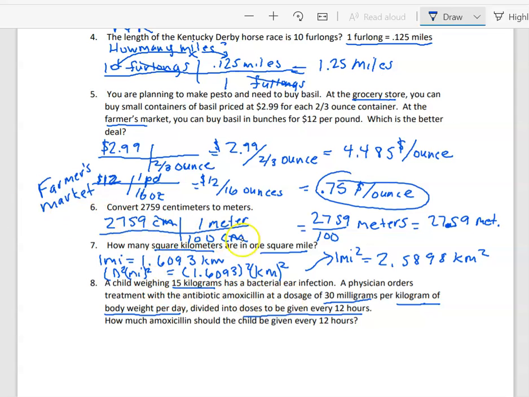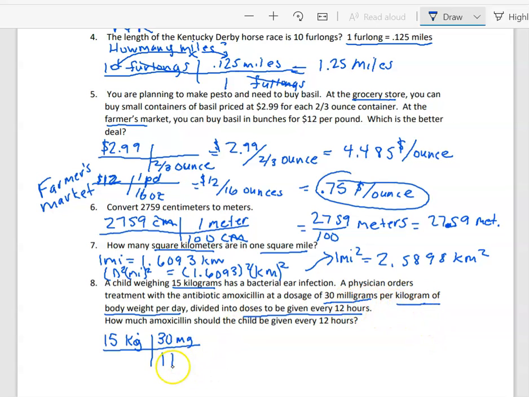So what we know is that we've got 30 milligrams per kilogram of body weight that we've got to give this medicine. And right now, this child weighs 15 kilograms. I'm just going to put 15 kilograms is how much the child weighs. And we need to give 30 milligrams for every 1 kilogram, right?